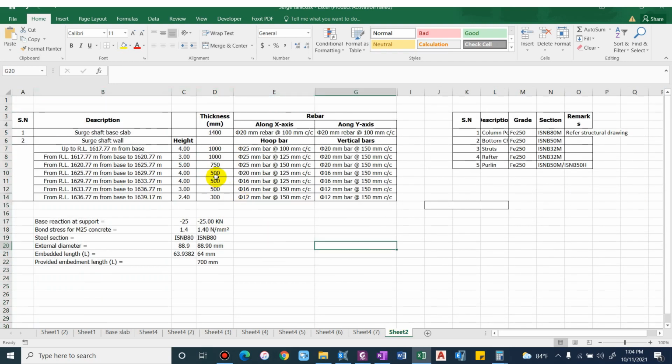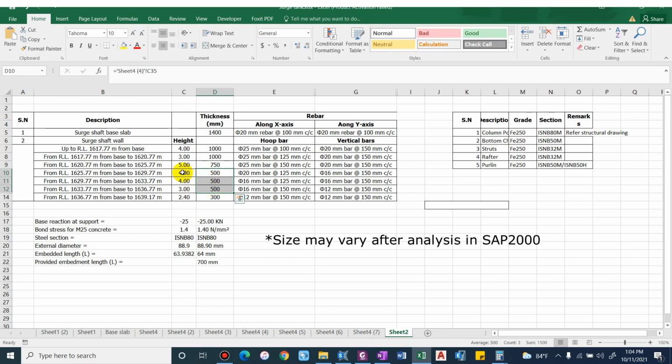So what I did is, up to 7 meter, as you can see here, from base to 1620.77 I provided 1000 mm thickness. Similarly for the next 5 meter height I provided 750 mm, then 500 mm, and finally 300 mm. Why 300 mm? This is the minimum depth to be provided as per the code.